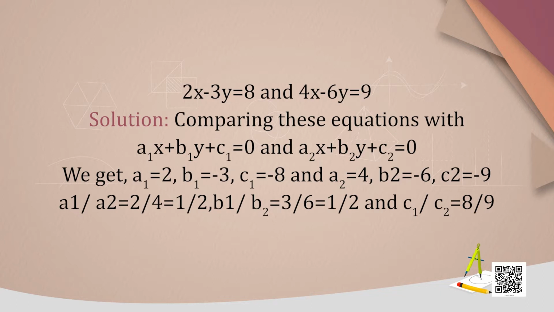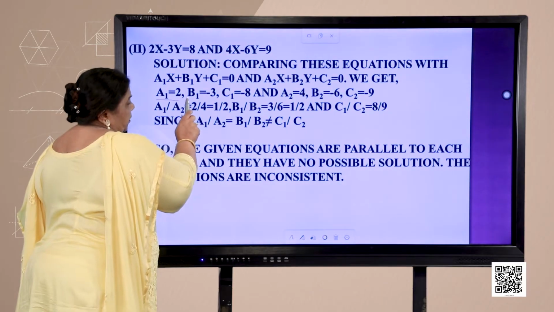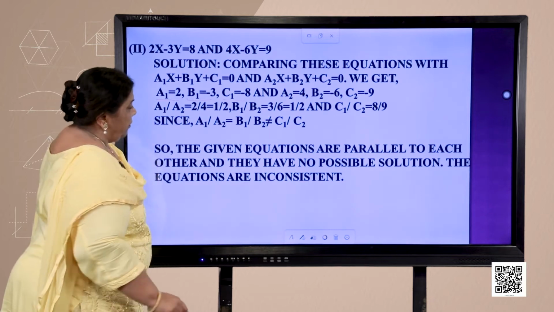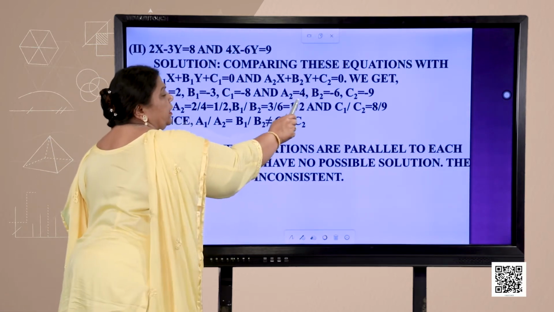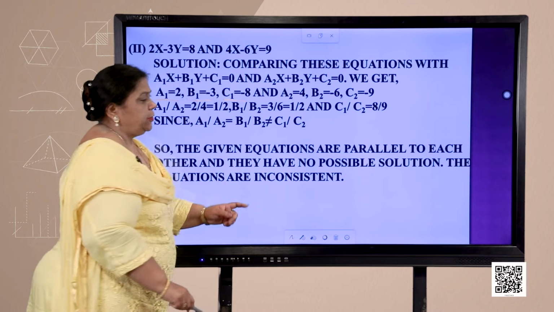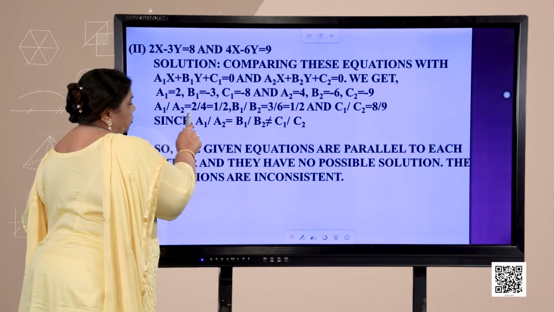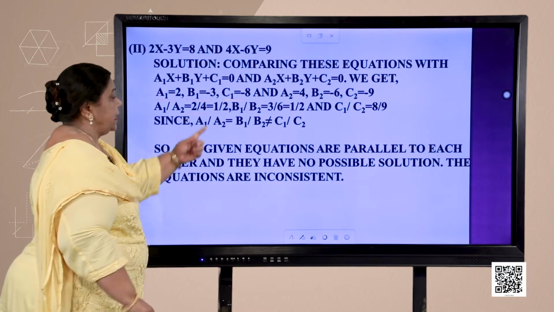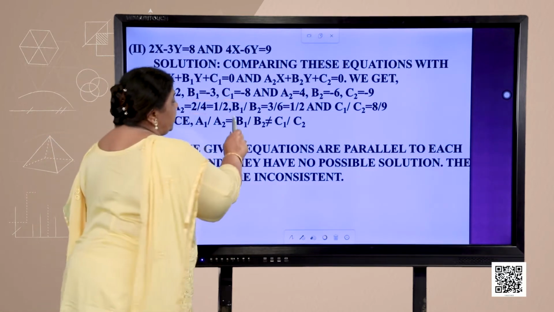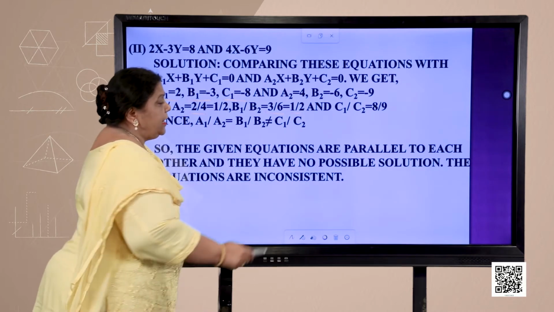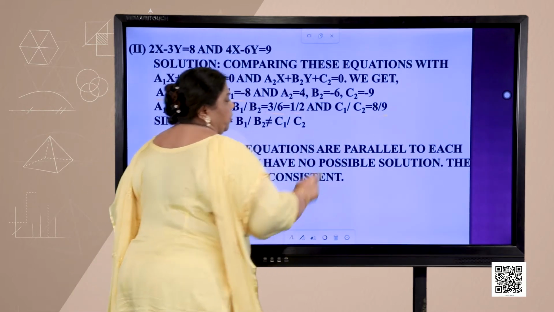We get a1 as 2, b1 as minus 3, c1 as minus 8, and a2 is 4, b2 is minus 6 and c2 is 9. When we take the ratios, a1 upon a2 is 2 upon 4, that is nothing but 1 upon 2. Likewise, b1 upon b2 is 3 upon 6, which is again 1 upon 2, and c1 upon c2 is 8 upon 9.